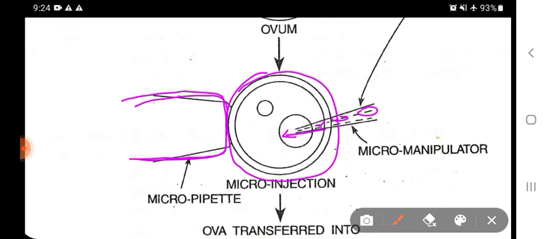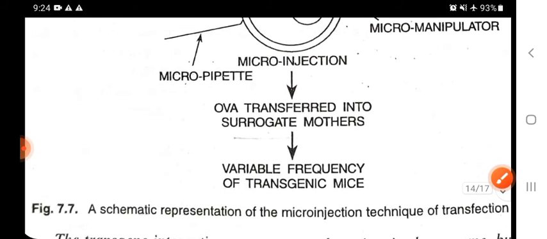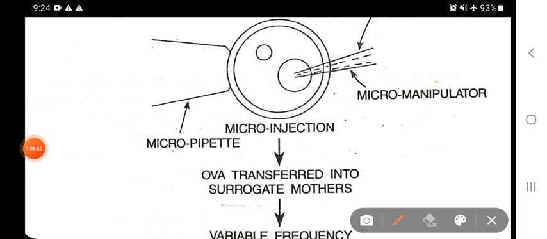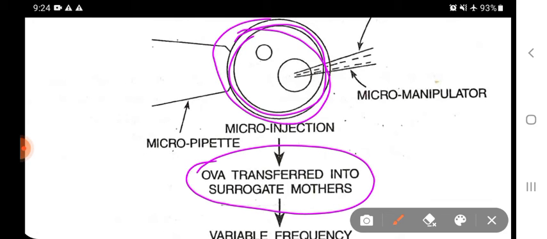Here in this figure it is showing that the DNA is introduced into the male pronucleus of the fertilized egg, and then after introduction of the gene within the male pronucleus, that ovum is transferred to a surrogate mother.